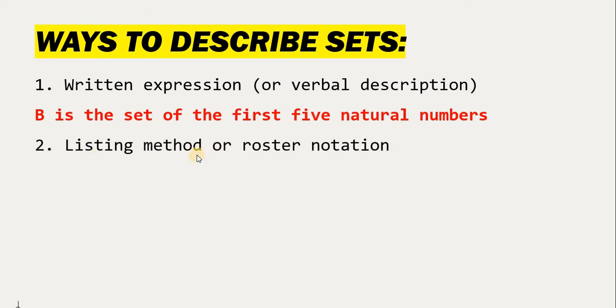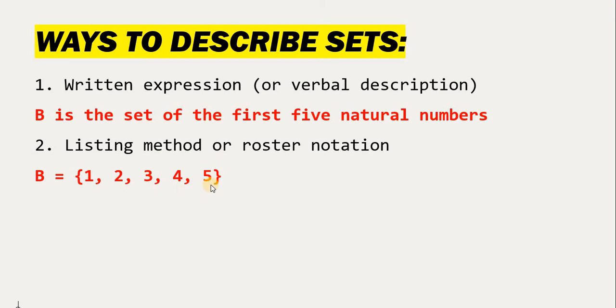Next, listing method or roster notation. So, paano naman ito? Ayan. So, gamitin natin tong written expression dito. Isusulat natin siya sa listing method or through roster notation. So, dito, magamit na tayo ng kung ano yung given na letter. Okay, ayan. B is equal to, i-enclose natin yung elements sa braces. Ayan.